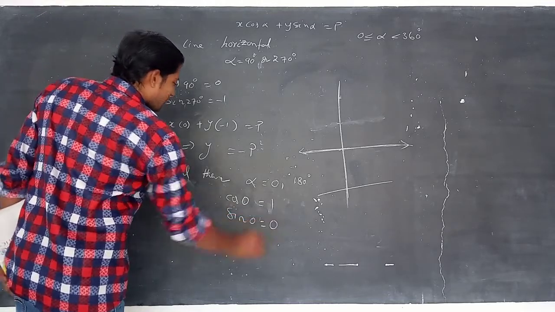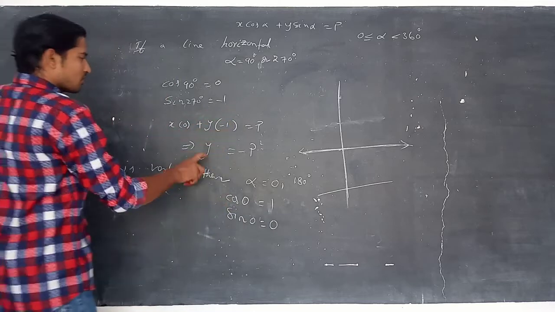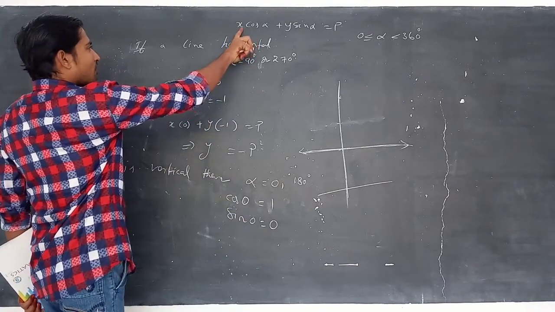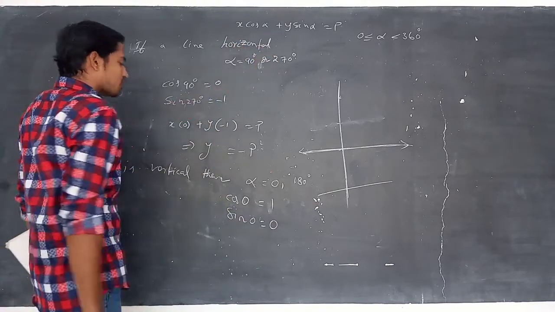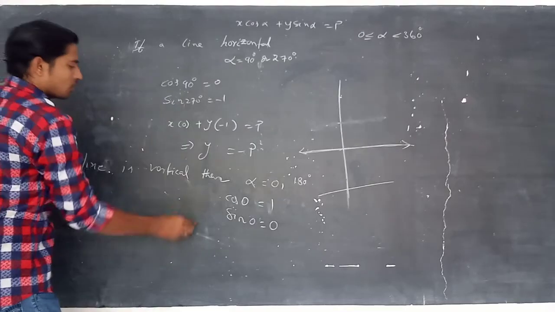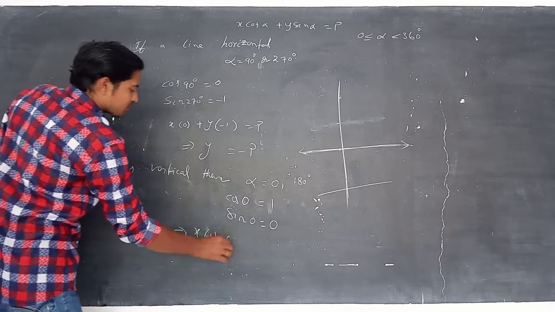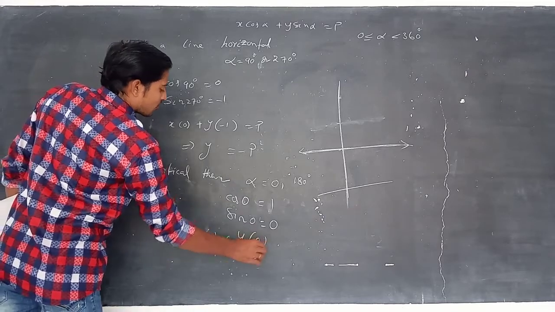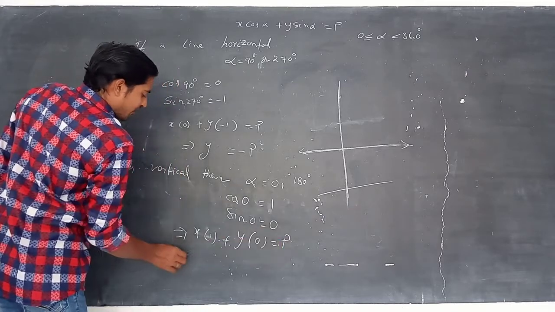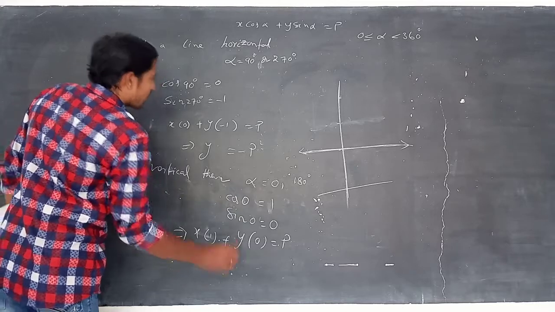The normal form of a line is x cos alpha plus y sin alpha is equal to p. So x into 1 plus y into 0 is equal to p. That implies x equal to p.